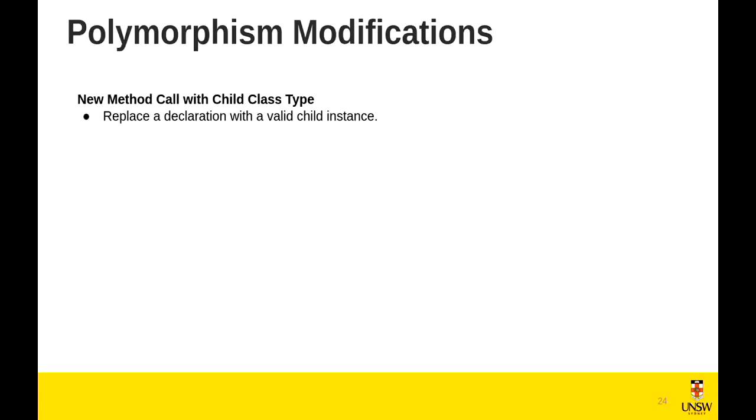So polymorphism means that one superclass could be inherited by several child classes, and if we try to ask an object to do something, instead of using the method of a particular child class, we can use the method of a parent class.